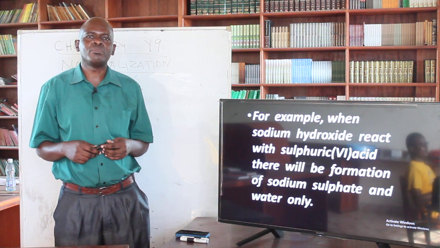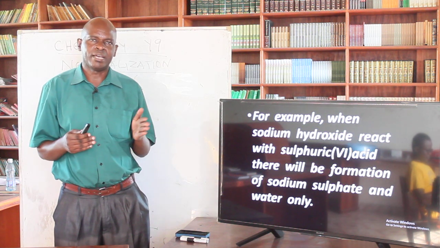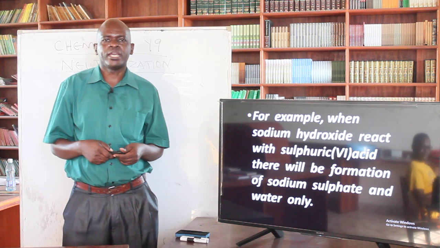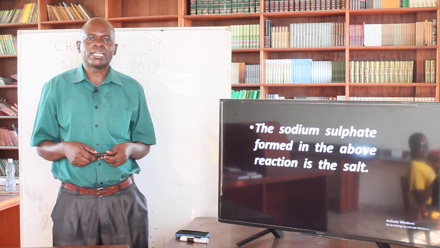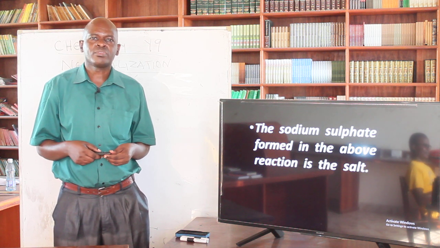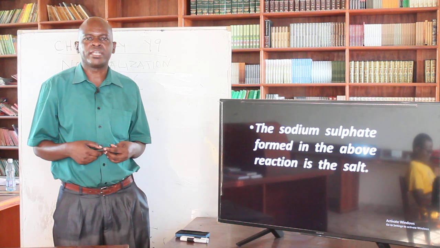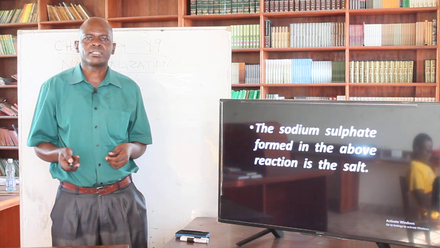That is exactly what we mean when we say a reaction between an acid and a base, and in this case, the alkaline solution of sodium hydroxide. Now, the sodium sulfate formed in this particular reaction is the one that we're calling the salt.